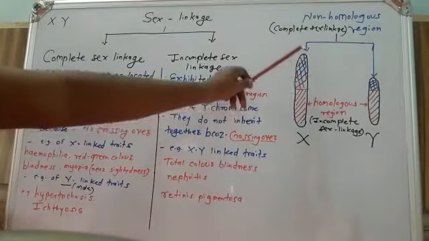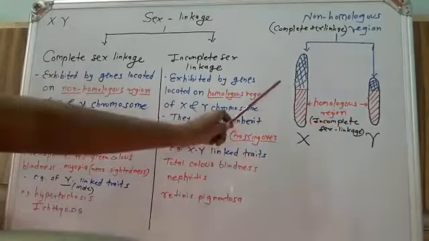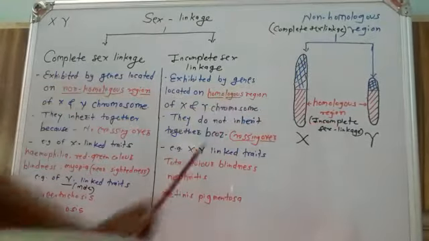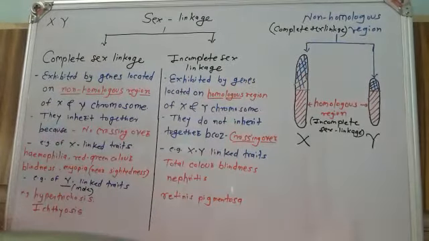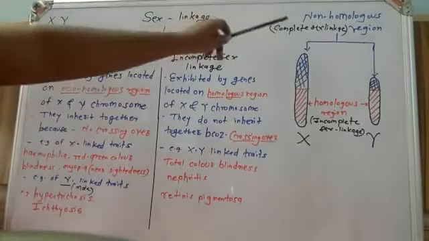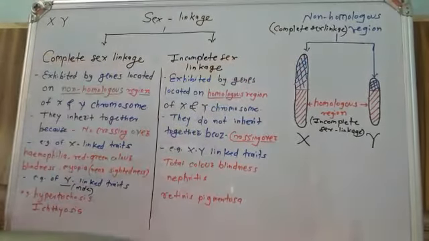Non-homologous region. If we compare the X and Y chromosomes, the non-homologous region of the X chromosome is much longer as compared to the Y chromosome. On this non-homologous region, there is a presence of dissimilar kinds of genes.